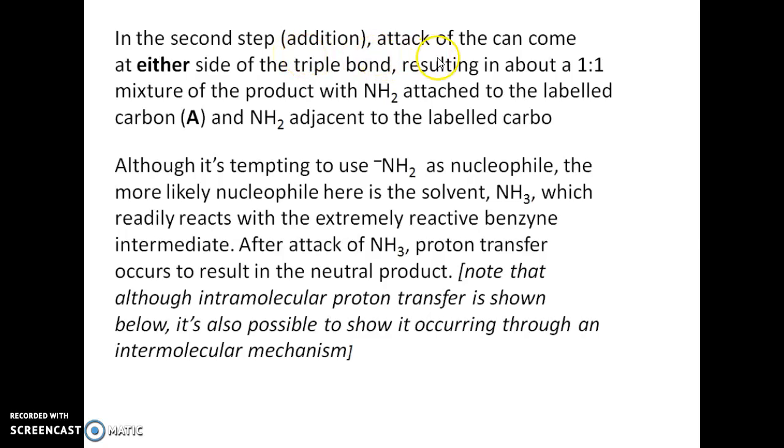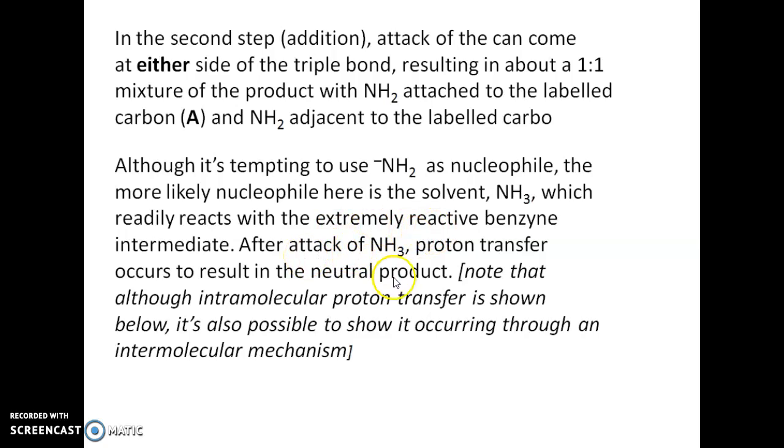The attack can take place on either side of the triple bond, resulting in a 1:1 mixture of products, with NH2 attached to the labeled carbon A or adjacent to the labeled carbon. Although we can see NH2 as a nucleophile, it is more likely the solvent NH3 which readily reacts with the extremely reactive benzyne intermediate.